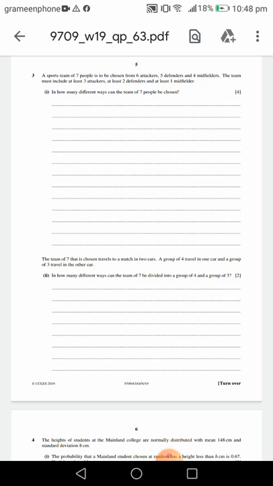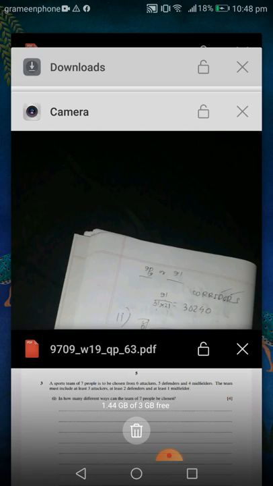How many different ways can the team of 7 be chosen? You must focus on the word least: at least 3 attackers, at least 2 defenders, and at least 1 midfielder. So in total we have 6 attackers, 5 defenders, and 4 midfielders.